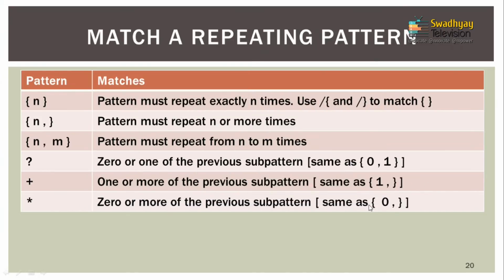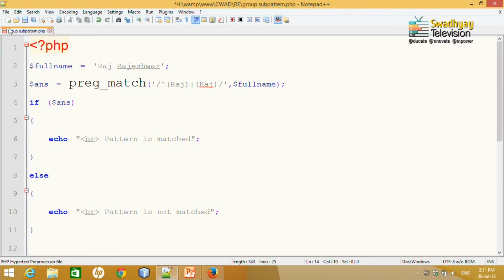And asterisk means 0 or multiple times, many times. So 0 means optional, plus means compulsory, you have to match at least once and as many times as you can. Let's take an example of repeating pattern.php.